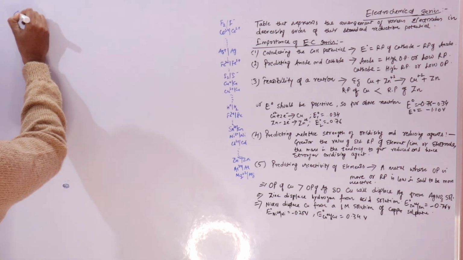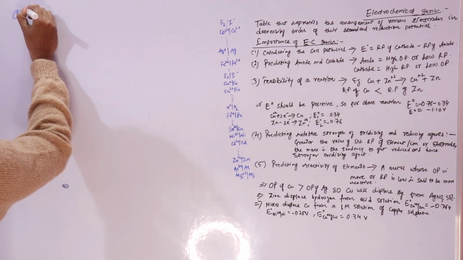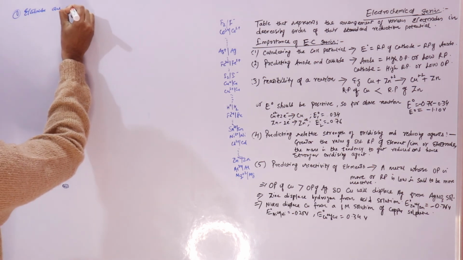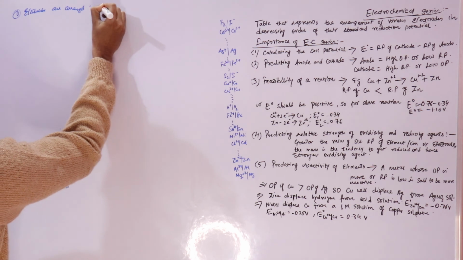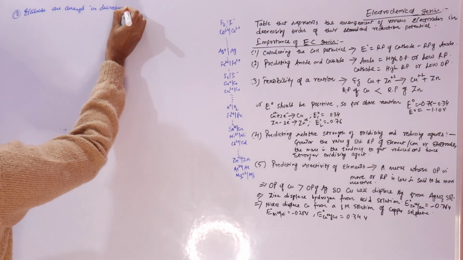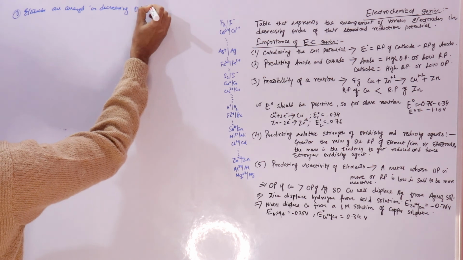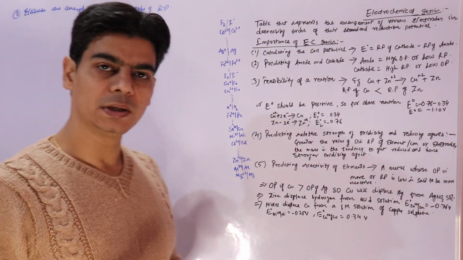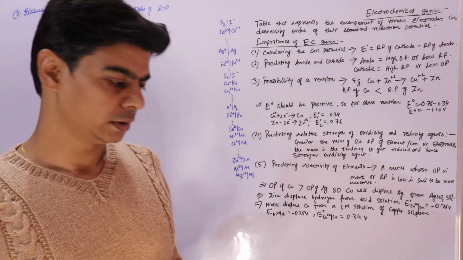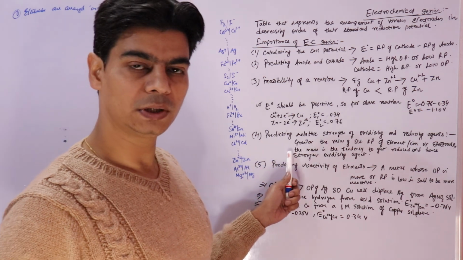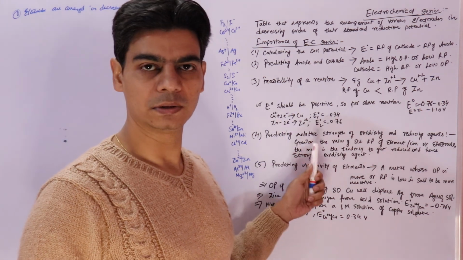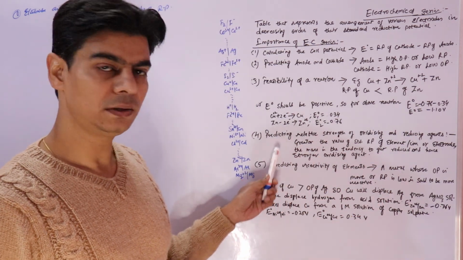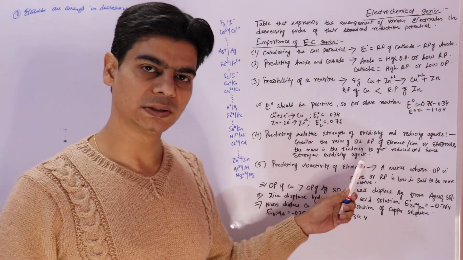So two important things: in this series, the electrodes are arranged in decreasing order of reduction potential values. The table that you see in the electrochemical series in your book has electrodes, and corresponding to every electrode there is a reduction reaction, because in cell representation we always represent the reduction reaction as per IUPAC convention.